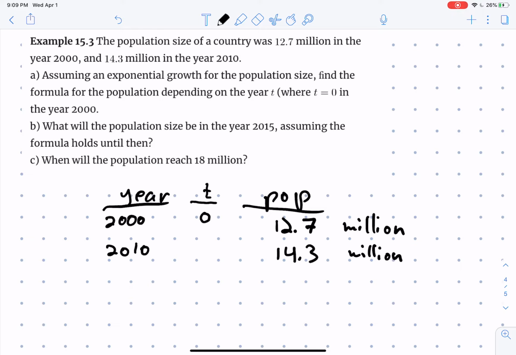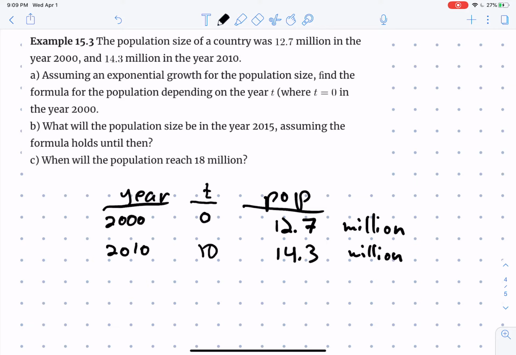That means that in the year 2010, it's been 10 years since the year 2000, so the time t is equal to 10. We're going to use these as our inputs, and these as our outputs of the population. This is the initial information that we're given about the population.